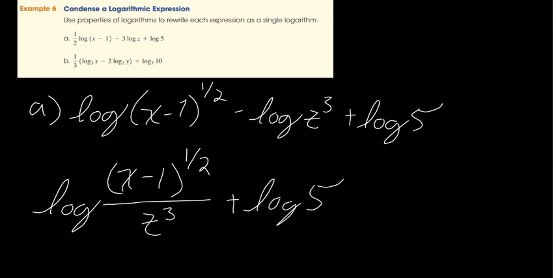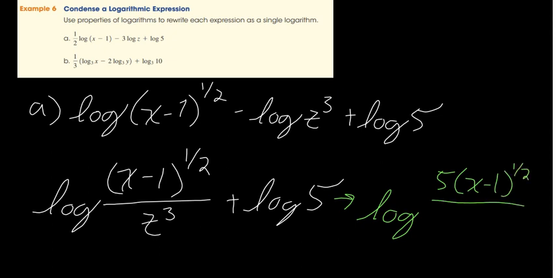Well, we know this plus log of 5, that plus means that we're going to be multiplying this 5 here times this argument here. So this turns into log of 5 times x minus 1 raised to the 1/2 power all over z cubed.